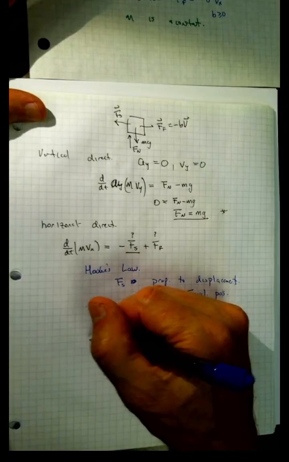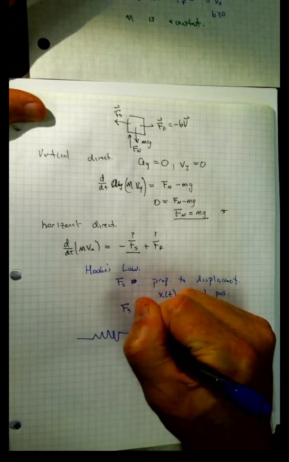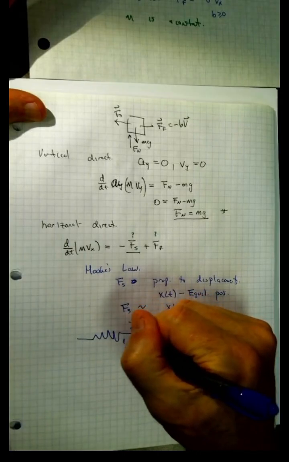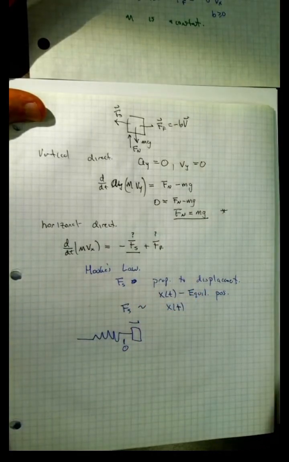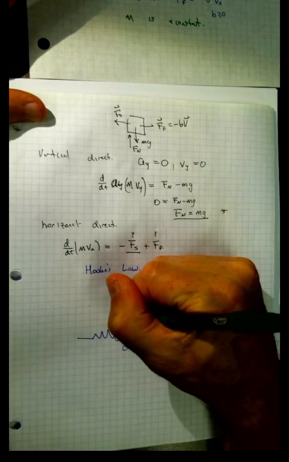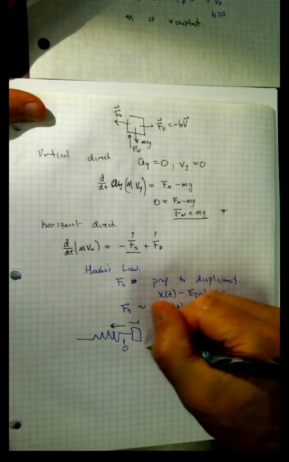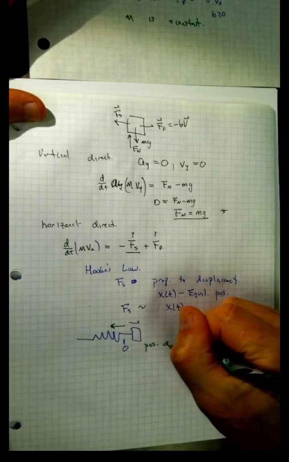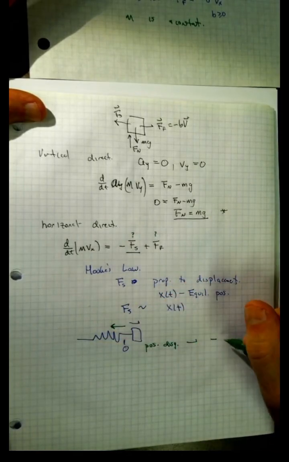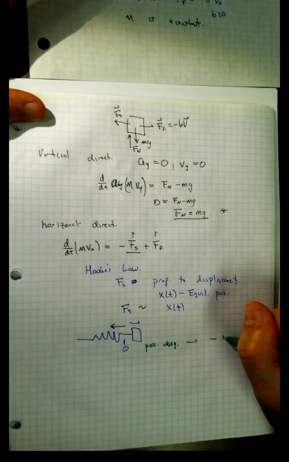Now I've got to be careful here. If this is 0 and I pull my mass out, then the force due to the spring is just going to want to pull it back in. So here we have positive displacement, and the force due to the spring is to the left.